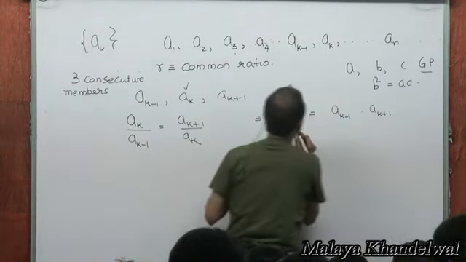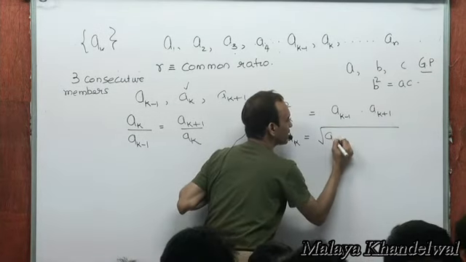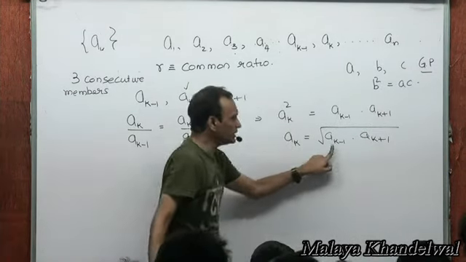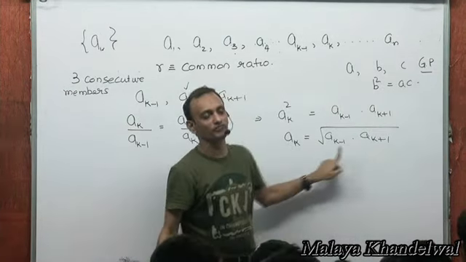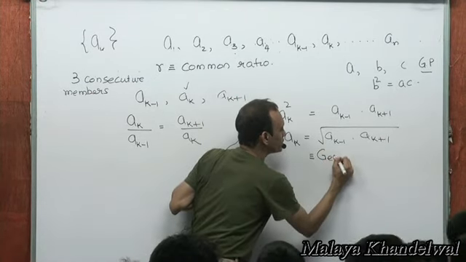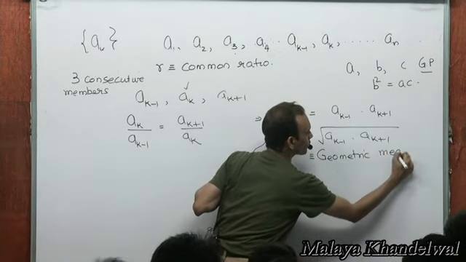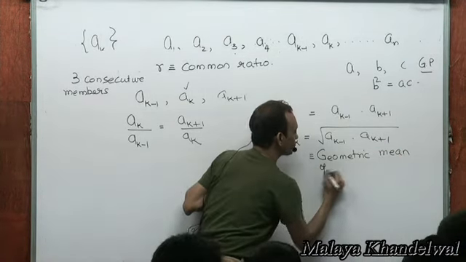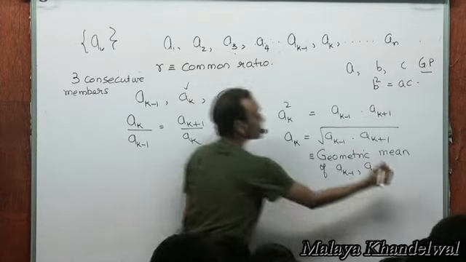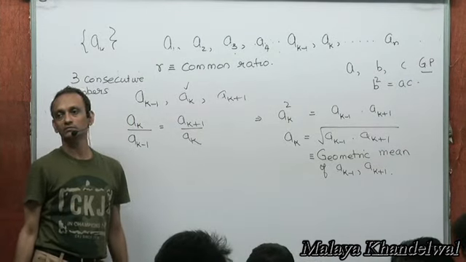Then if this happens, AK is root of AK minus 1 into AK plus 1, and we learned that this is actually called the geometric mean of AK minus 1 and AK plus 1.